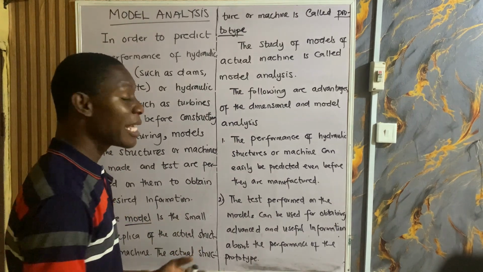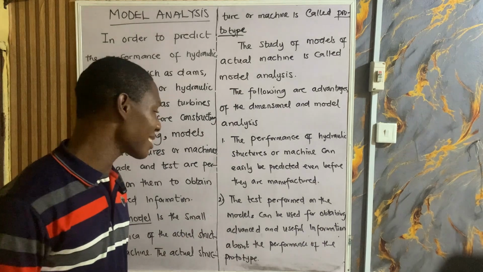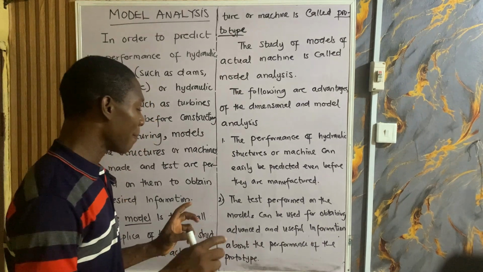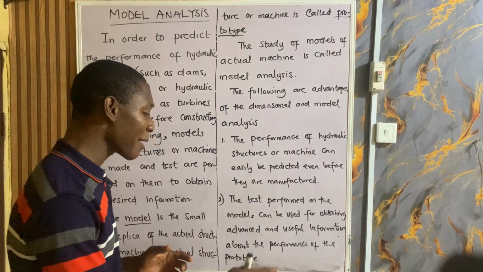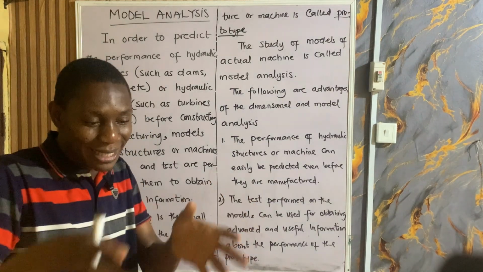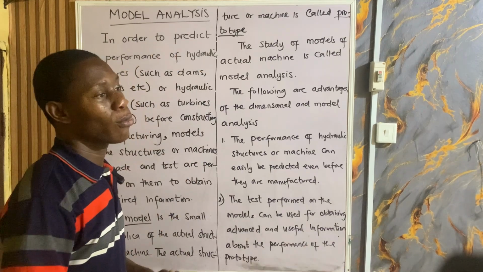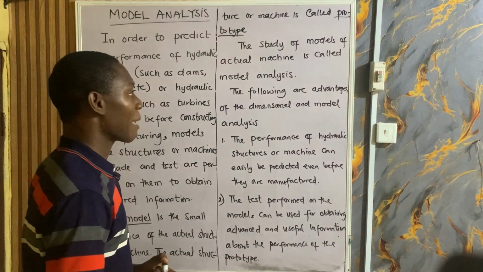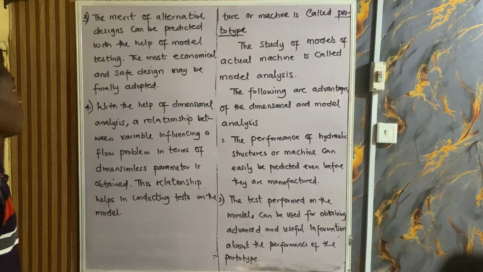Again, the tests performed on the models can be used for obtaining advanced and useful information about the performance of the prototype. What you have done on your model, you can use by similitude to predict what the prototype will do or get extra information about the prototype.